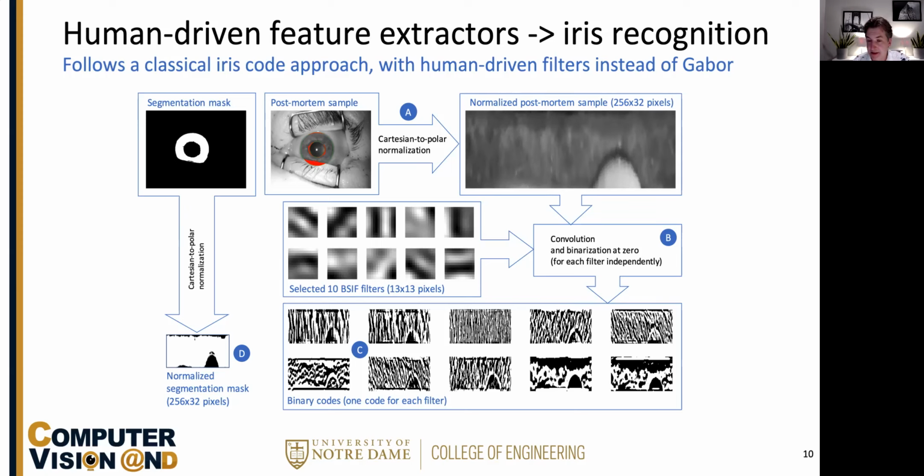And different iris images should have a Hamming distance close to 0.5, because this is like tossing a coin as many times as the number of bits we have in the iris code. So again, the main difference between the dominant, classical iris recognition pipeline and this one is only part B, in which we have a different set of kernels.